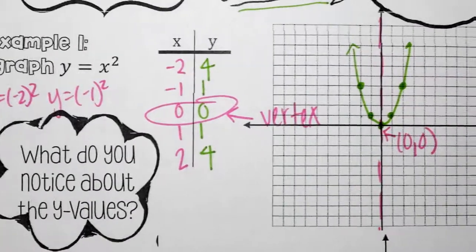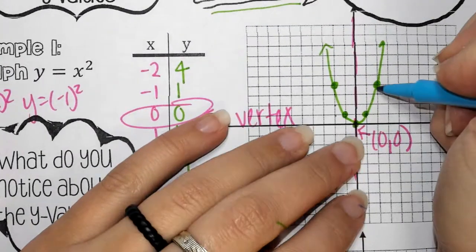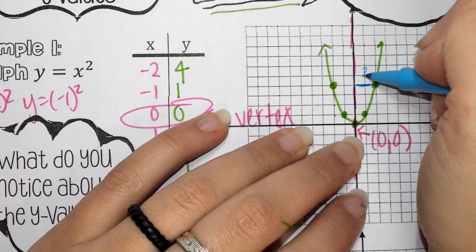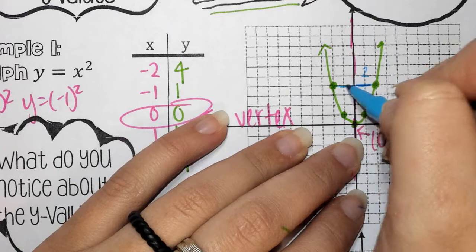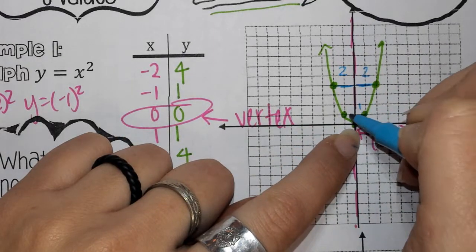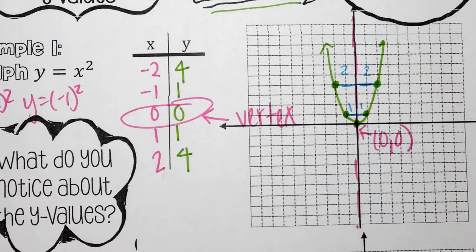Now, a fun fact here. Look at your graph. How many units away is this point from our axis of symmetry? 2. And how many units away is this one right here? 2. How many units away is this guy? And how many units away is this guy? It's going to do that every time.